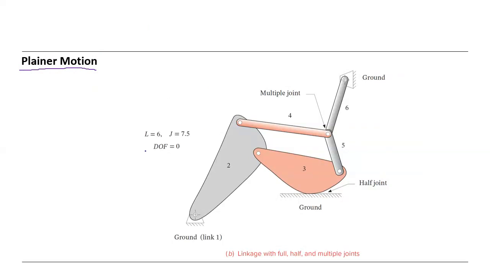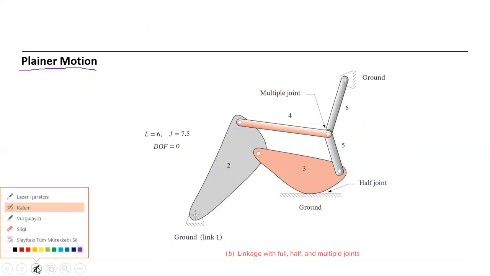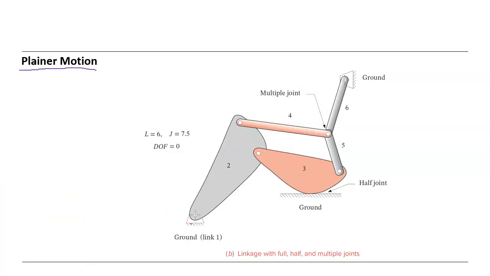Okay, another planar motion mechanism. For the planar motion we have here, this is also grounded. Let's use the red one. So the grounded here, you see grounded. Okay, here also grounded, and here also grounded. So this is one.